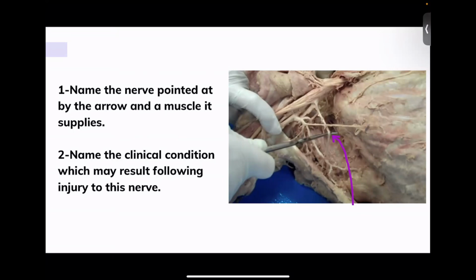Okay, so this is a really important image. Why? You're gonna know it. That's because I remember I told you about the long thoracic nerve. So here it is. So this nerve is the long thoracic nerve, and the muscle it supplies, we know it's the serratus anterior. And what's the function?